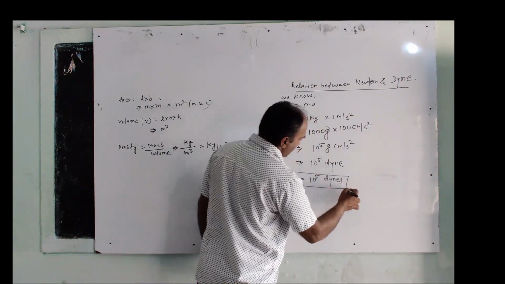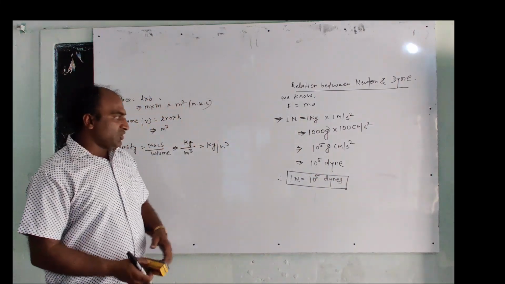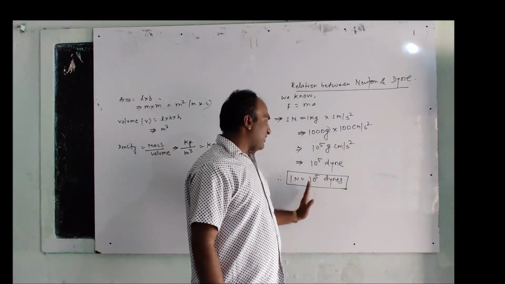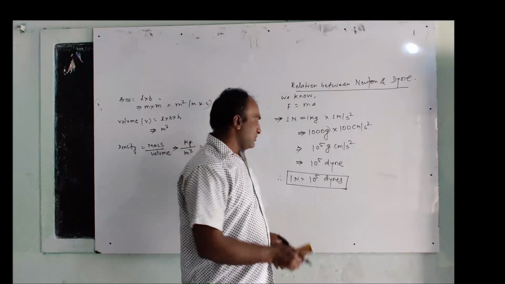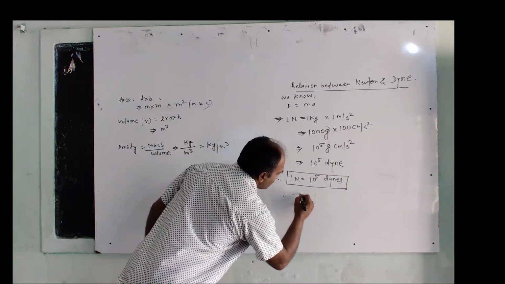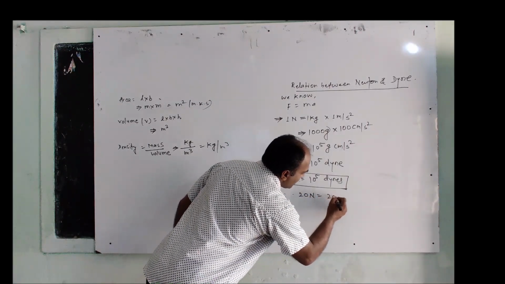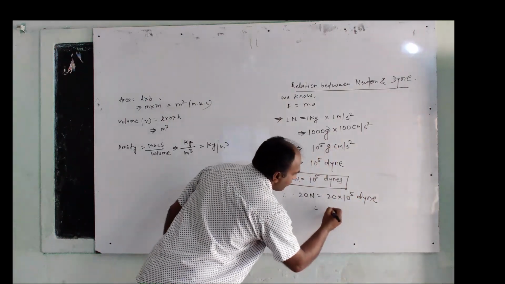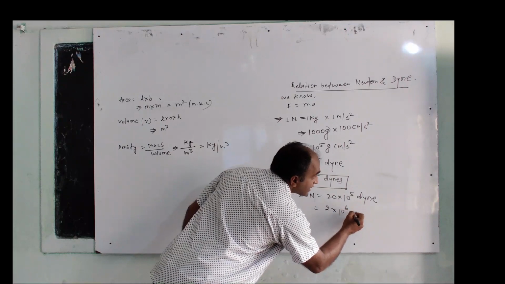In this way, we can express Newton into dyne. Suppose 5 Newton, then 5 into 10 power 5 dyne. The same way, 20 Newton means 20 into 10 power 5 dynes, and in scientific notation, we can write 2 into 10 power 6 dynes.